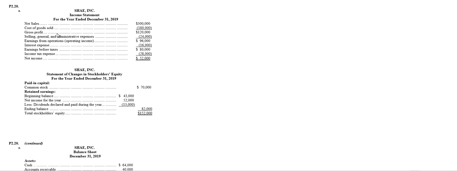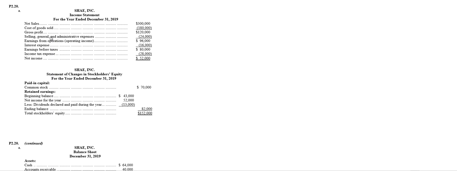If you're a merchandising company, for sure, we have a cost of goods sold if we're selling any kind of product. And then, of course, you'll see selling, general, and administrative expenses underneath gross profit, and then there's earnings. Now, understand these earnings are not net income. These earnings from operations are the earnings that you receive as a result of the operation of your business.